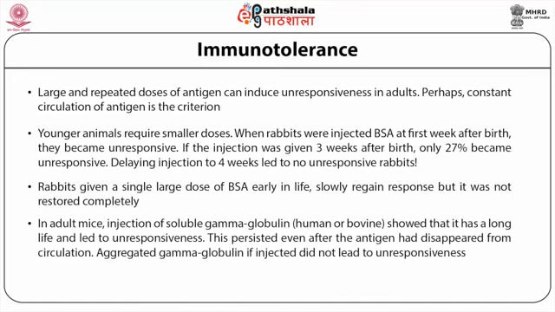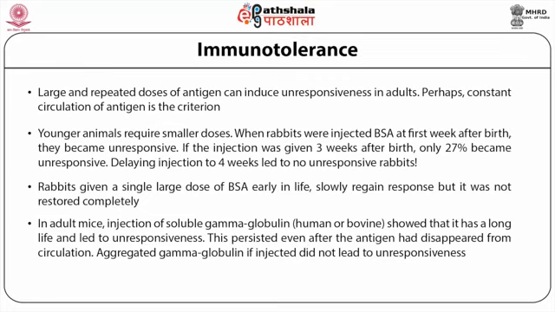In adult mice, injection of soluble gamma globulin of human or bovine source showed that it has a long life and led to unresponsiveness. This persisted even after the antigen had disappeared from circulation.